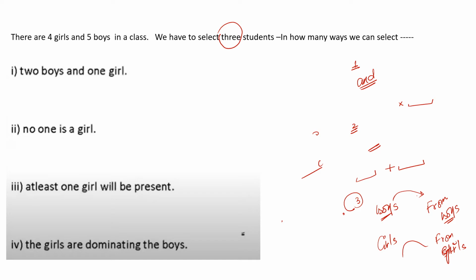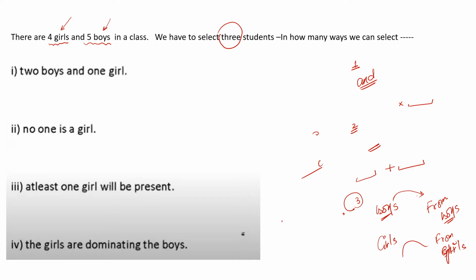But remember, there are 2 different kinds of students sitting, meaning their genders are different. 4 are girls and 5 are boys. So the first thing coming to my mind is that if they ask me to select only the girls, I will select the girls from the girls. If they ask me to select the number of boys, then I will select them from the boys.